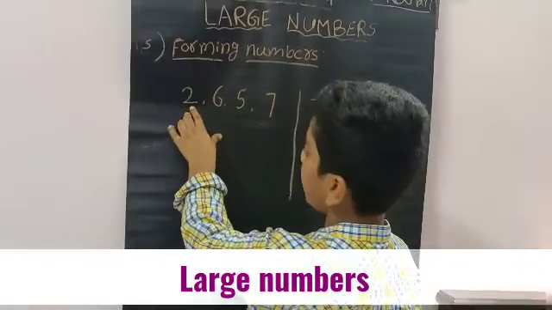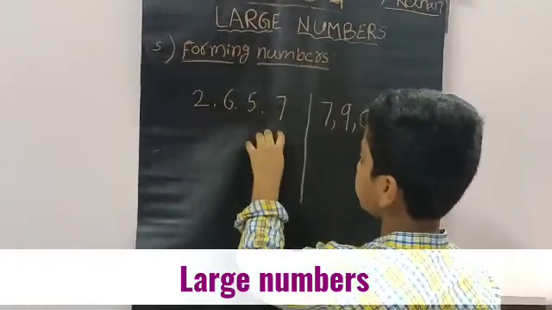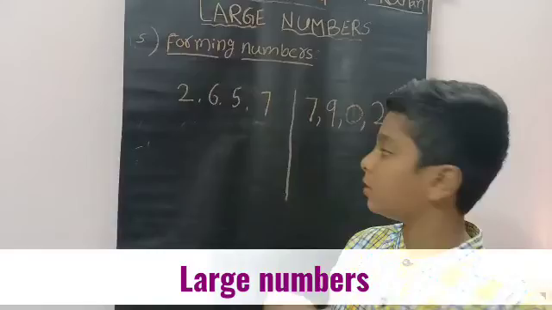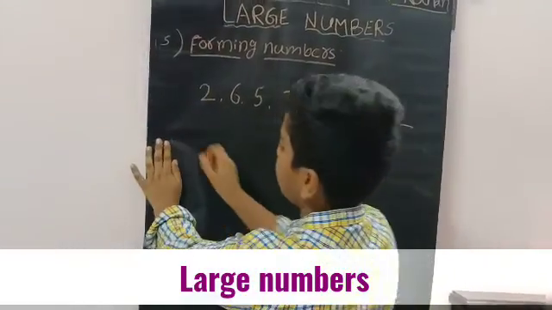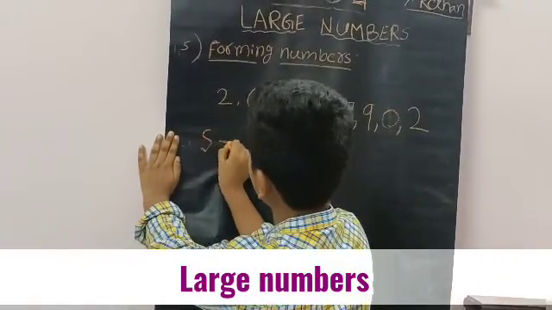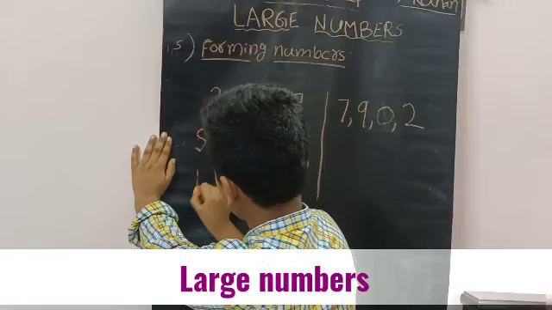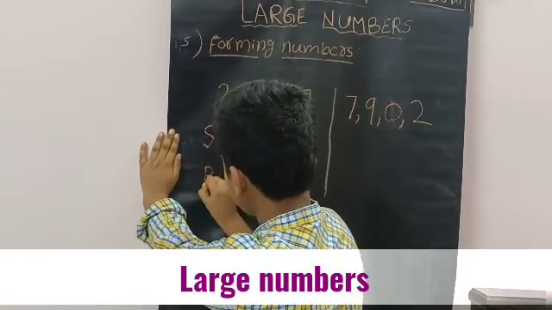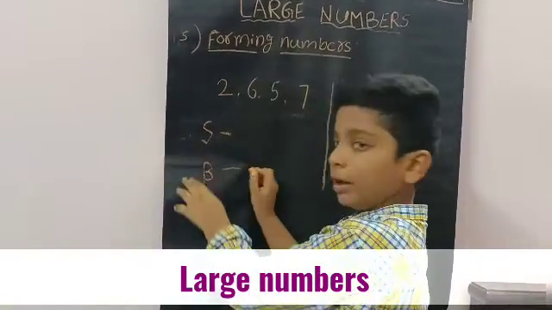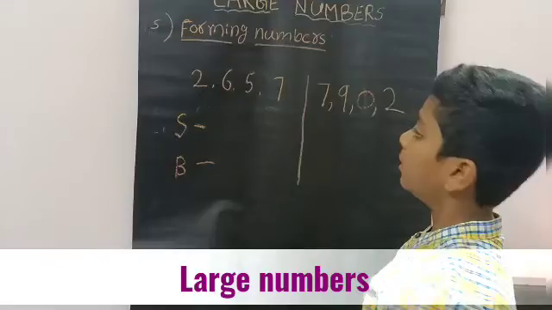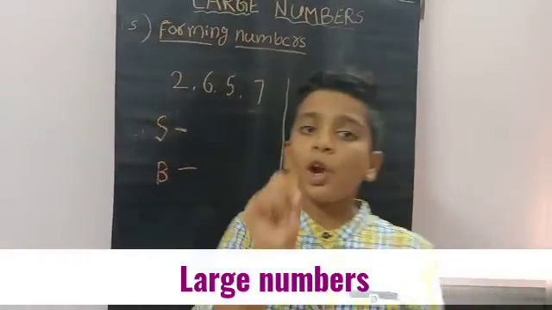Okay, first I have 2, 6, 5, 7. 4 digits. I will write the smallest number and the biggest number. S means small, B means bigger. Small logic.